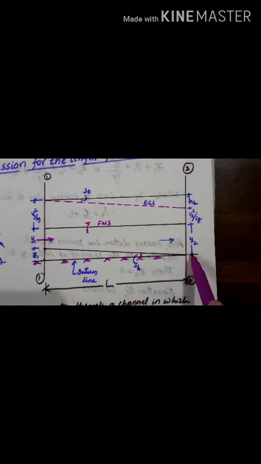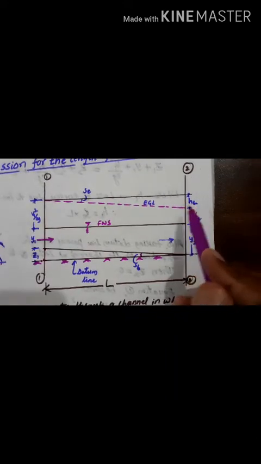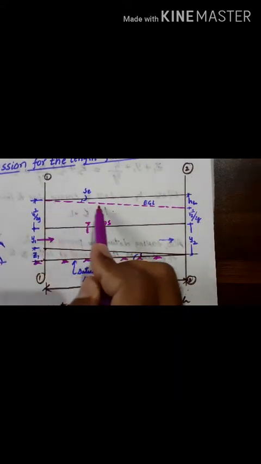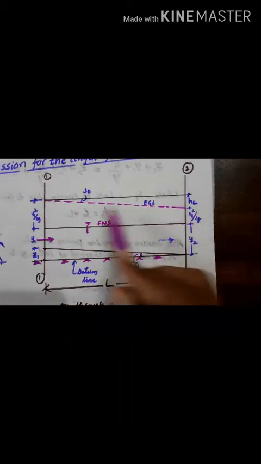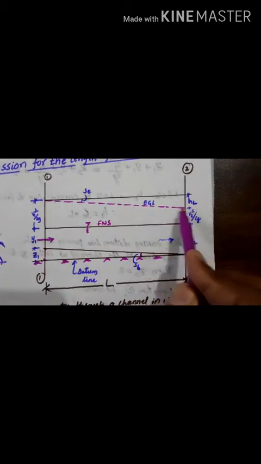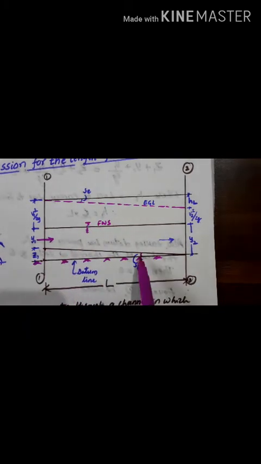Then it is y2 plus velocity head plus energy loss. This pink dotted line indicates the energy gradient line, that is, energy at section 1 and energy at section 2. Energies go on decreasing along the direction of flow because of friction, and the slope of the energy line is represented by SE. The slope of the bed of the channel is represented by SB, and the length between sections 1 and 2 is represented by L. I hope this figure is clear.